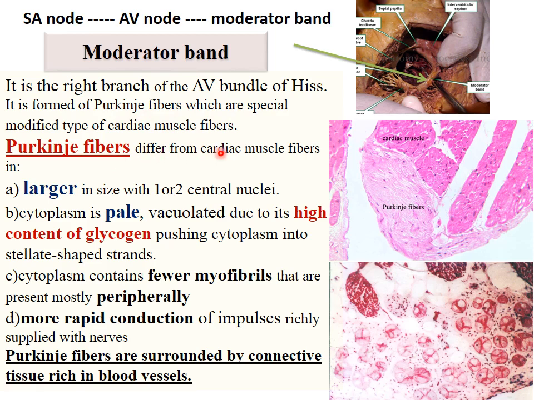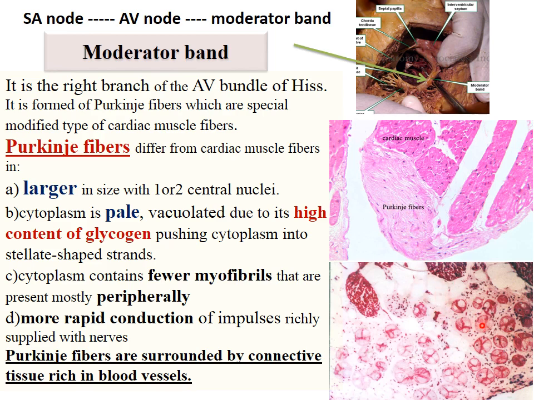Purkinje fibers differ from cardiac muscle fibers in: one, larger in size, with one or two central nuclei. Two, cytoplasm of Purkinje fiber is pale and vacuolated due to its high content of glycogen, which pushes the cytoplasm into stellate-shaped strands. Three, cytoplasm contains fewer myofibrils that are present mostly peripherally.